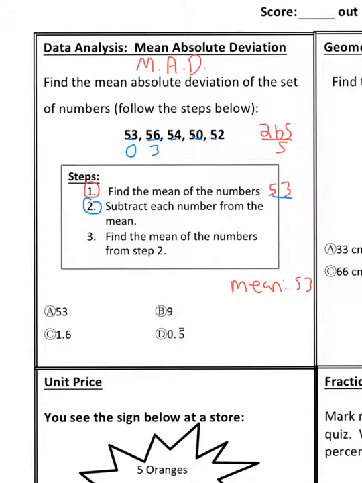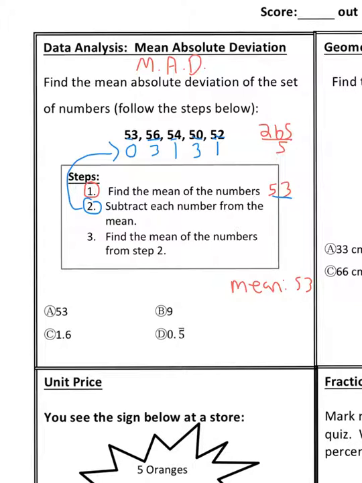Then 54 minus 53 is 1. Then 53 minus 50 is 3. And last, 53 minus 52 is 1. Notice there are no negative numbers, so it's kind of like the absolute value. That's step 2, and I have those numbers written in blue.